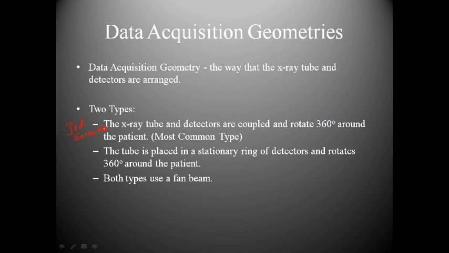The other type is the tube is placed in a stationary ring of detectors and rotates 360 degrees around the patient. We know this to be fourth generation. For the most part, third generation is the most common type. The key thing is that both types use a fan beam. So regardless of what generation, be it third or fourth, they both use a fan beam.